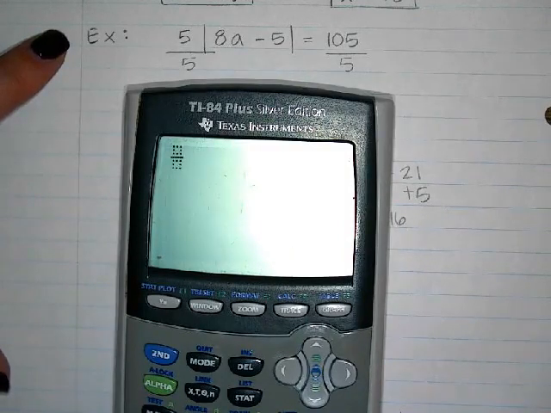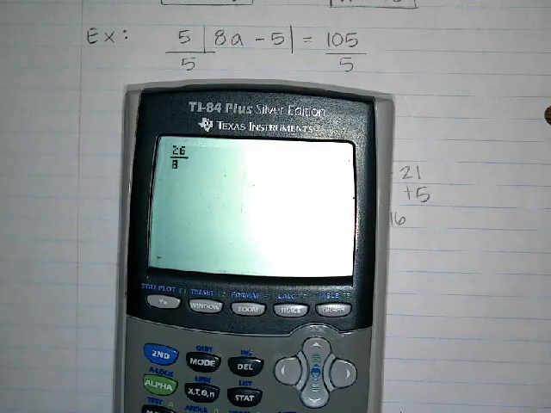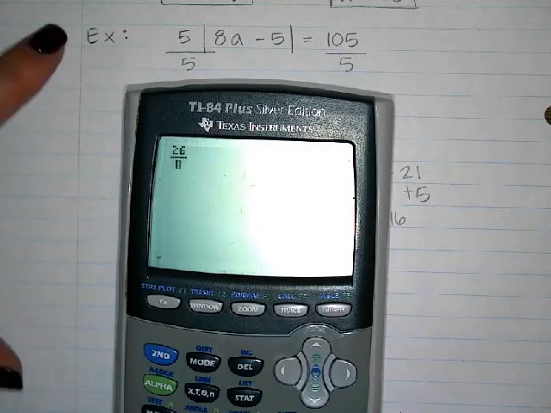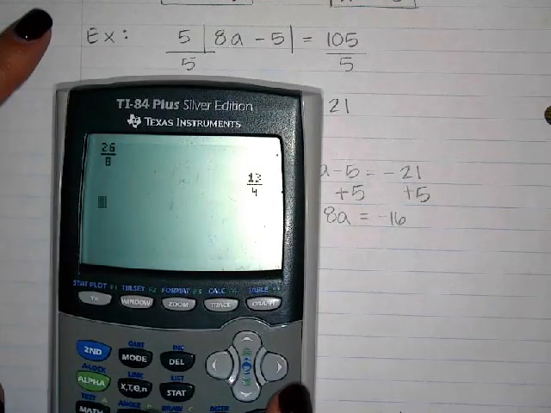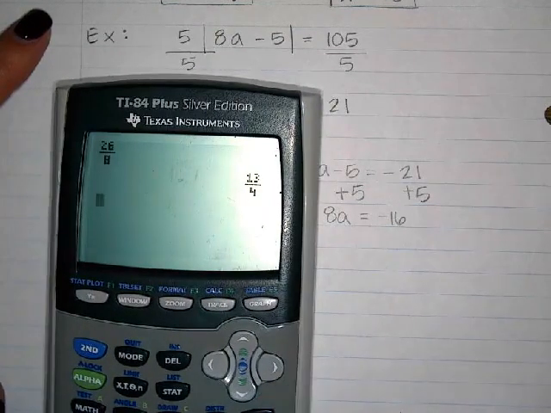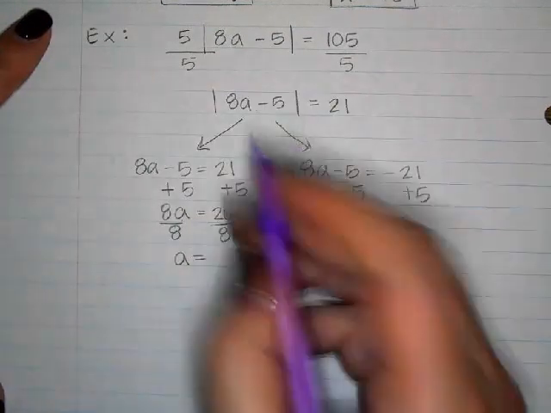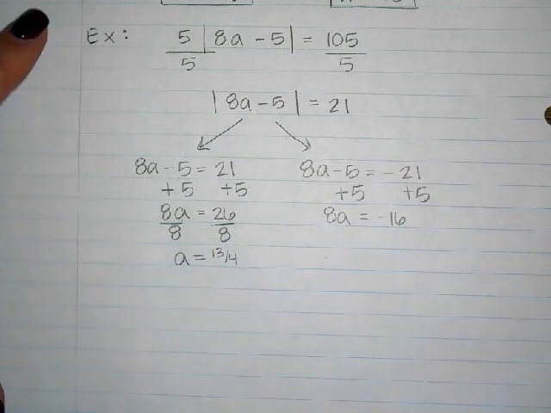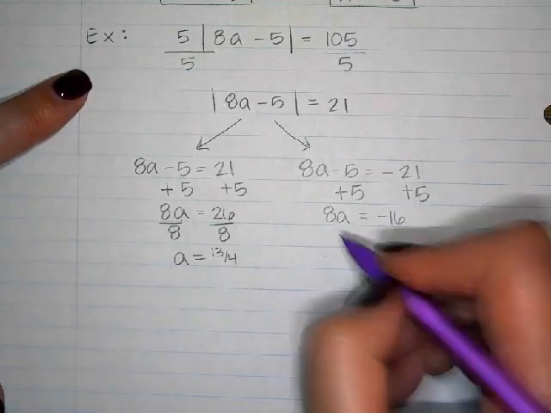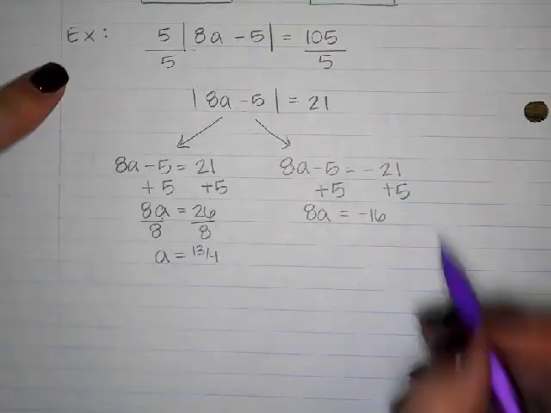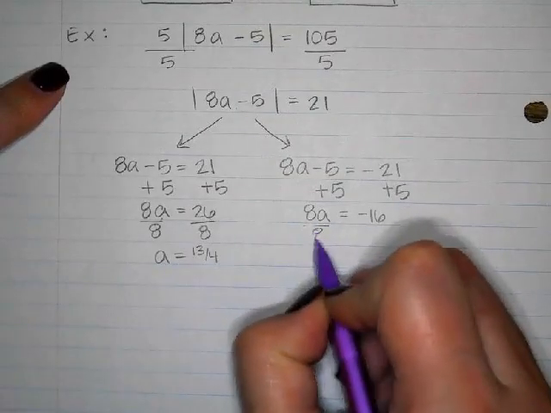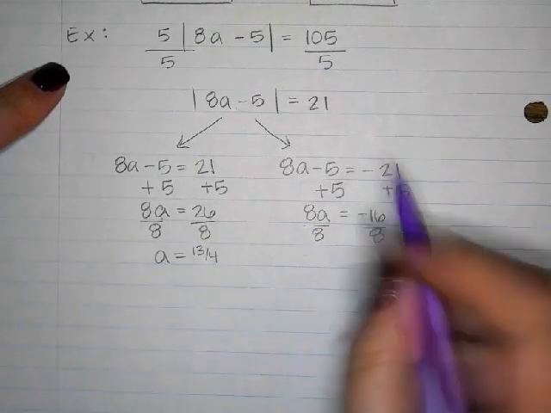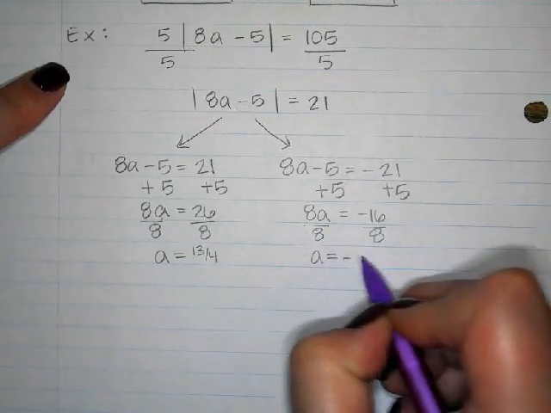So 13 over 4. It just reduced it for us. So a equals 26 over 8, which is 13 over 4. And then over here, if we divide by 8, what do we get? We get negative 2. Okay. So on your worksheet, try number 6, 7, and 8.